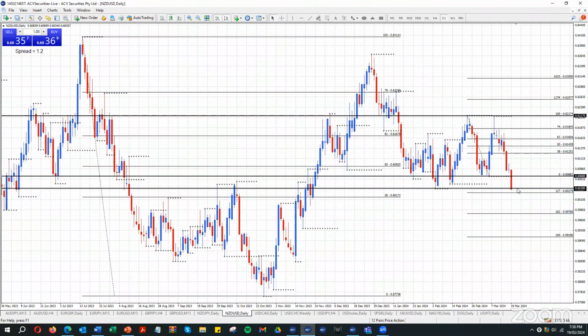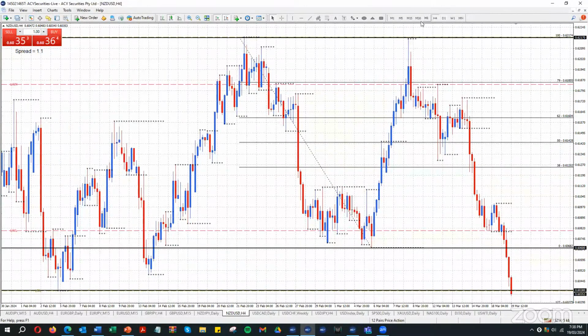So at the moment, again, you want to sell a rally. You don't want to sell into this low here at 60.38. So we've broken this midpoint here. In a perfect world, it would be watching a rally back to that point, the 60 midpoint here.